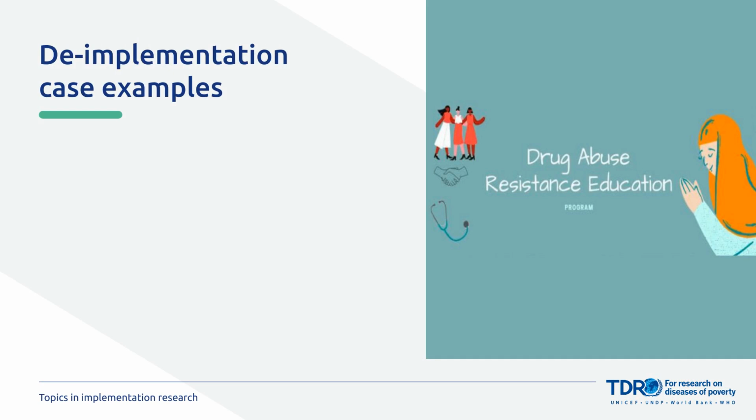Prior to the emphasis on using evidence-based interventions, many interventions were implemented without having assessed their effectiveness. These interventions were often introduced and continued based on persuasion, training, or tradition. Interventions often persist even when not supported by evidence of effectiveness or when harmful.